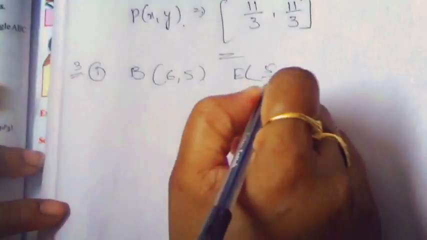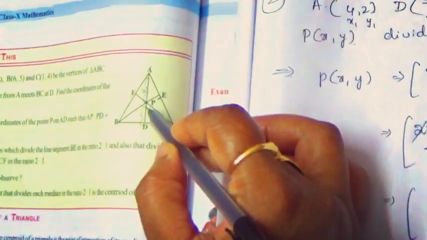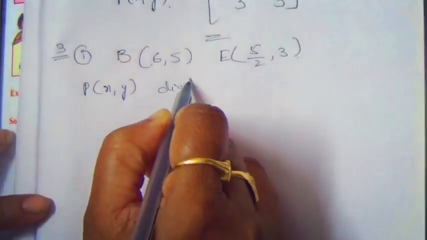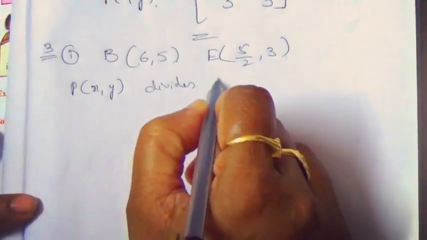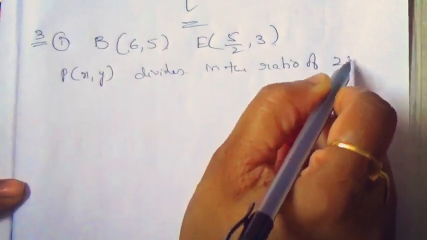We already found out here, that is (5 by 2, 3). P is the common point for AD, for BE and CF. So P is the point which divides in the same ratio, 2 to 1.